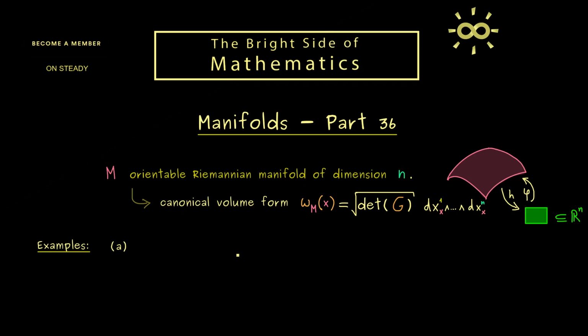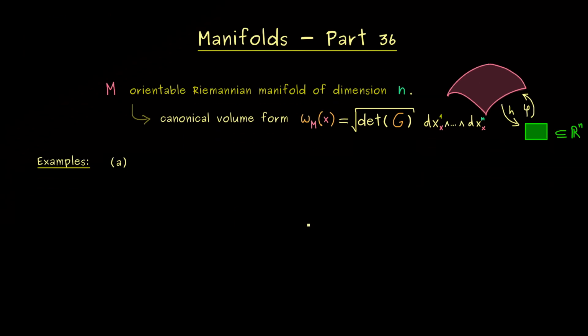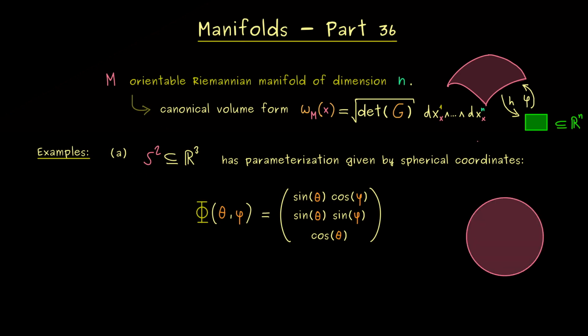In fact, in part 34, we already saw one example, so let's quickly recall that one. It was given by the common two-dimensional sphere with a standard parameterization. So we have the so-called spherical coordinates, and they are denoted by capital Phi, simply because the lowercase phi is already used as an angle there.